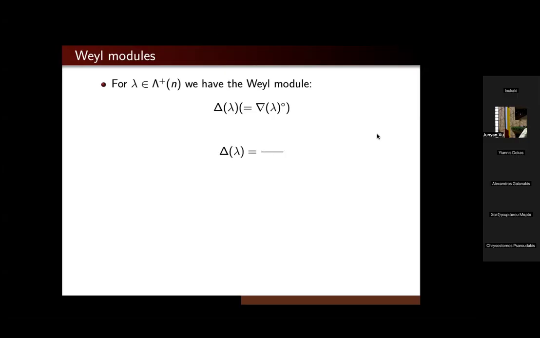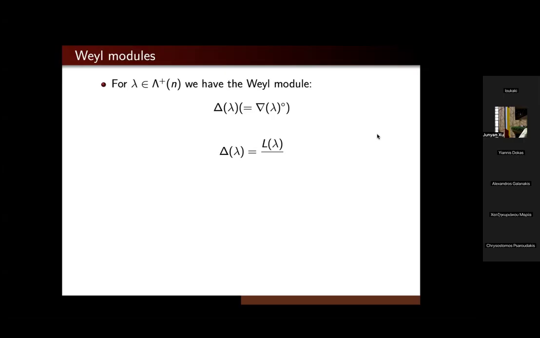Okay. So induced models, we're offering shelter to the irreducible representations. Here, the Weyl models do offer shelter, but they put them in the roof. They put them in the attic. So there is an irreducible representation, and you can find it in the head of this model.